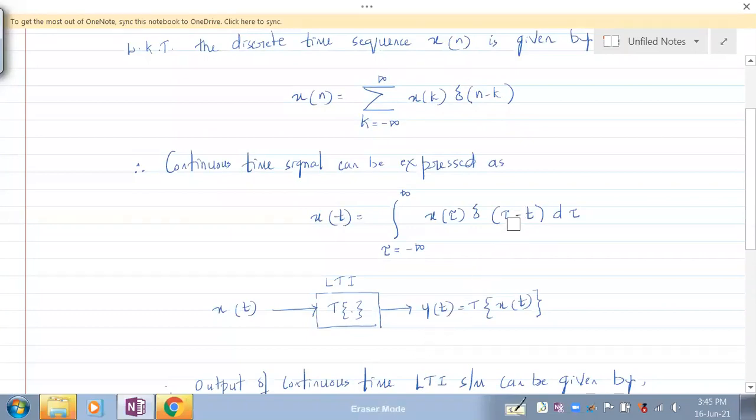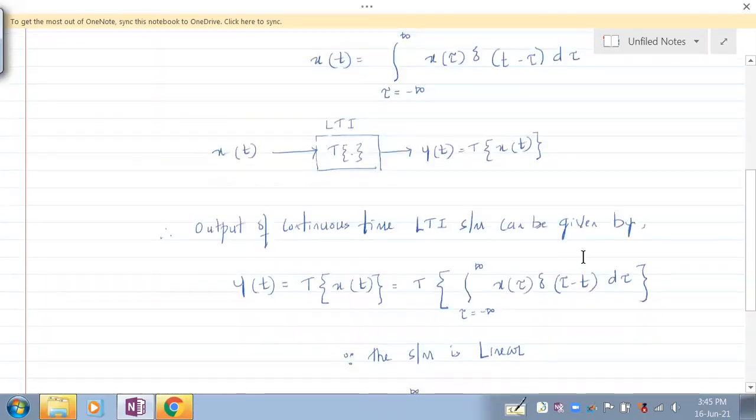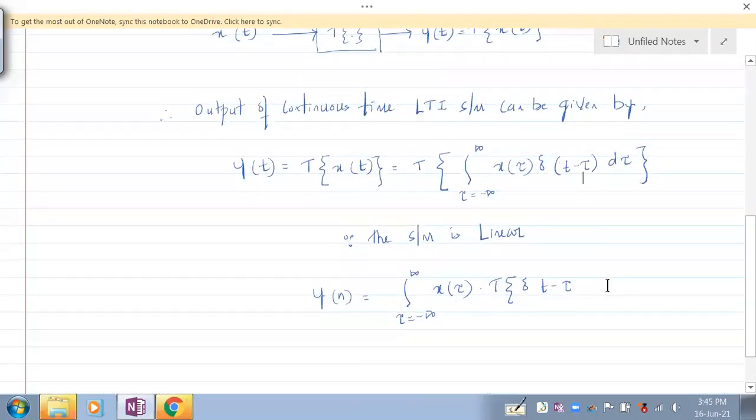Wherever n is there, that needs to be replaced as t. Wherever k is there, that needs to be replaced as tau. So n minus k becomes t minus tau. So it is the response to delta of t minus tau, which is an impulse function.